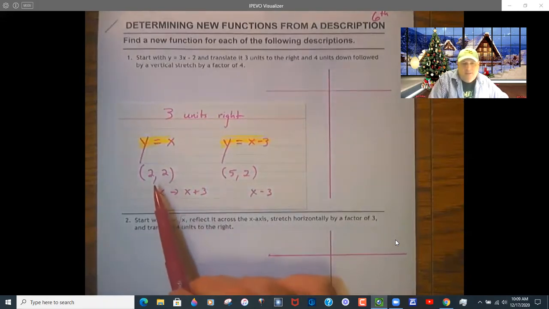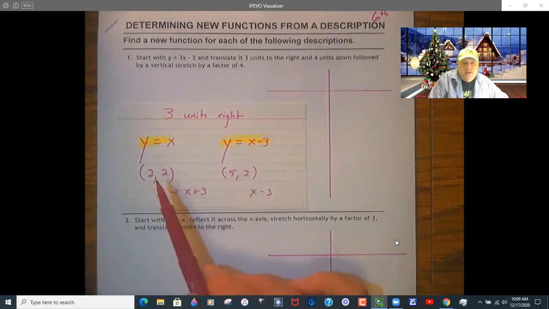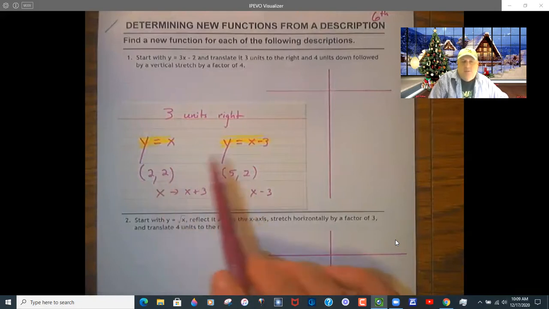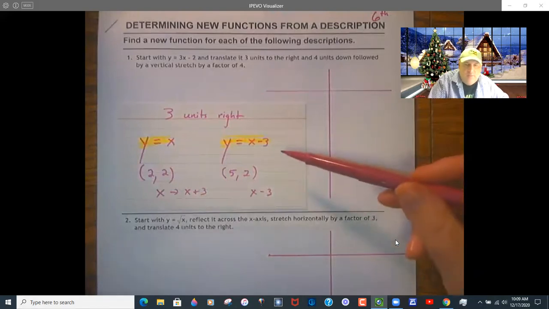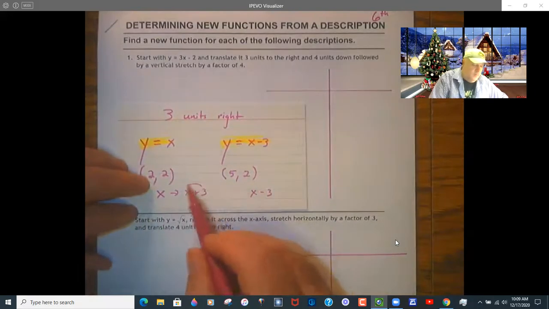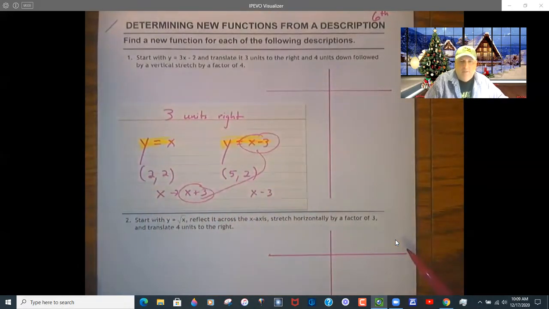A point on this line, (2, 2), would get slid to the right and would become (5, 2). Notice that you added 3 to the x because we slid it 3 units in that direction. However, the equation becomes y equals x minus 3. So notice the opposite thing going on here.